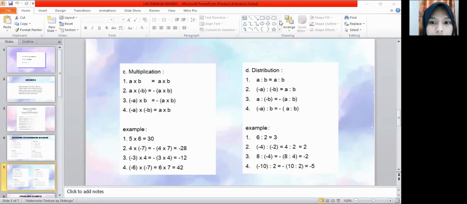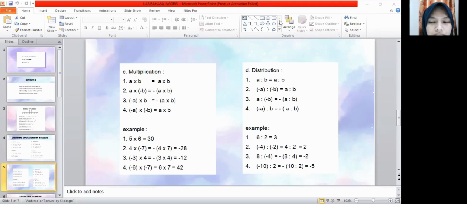For example, number 1, 6 divided by 2 equals 3. Number 2, negative 4 divided by negative 2 equals 4 divided by 2 equals 2.